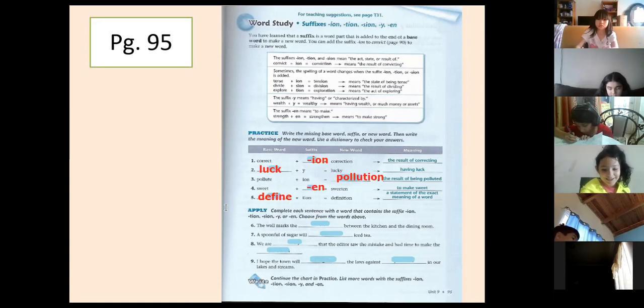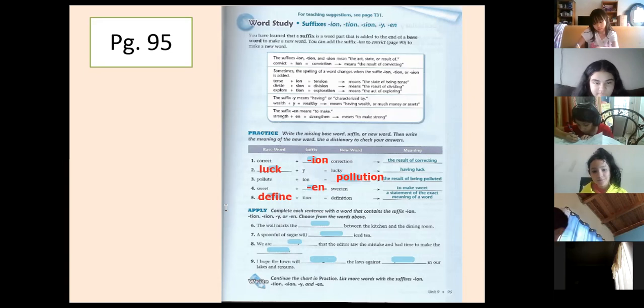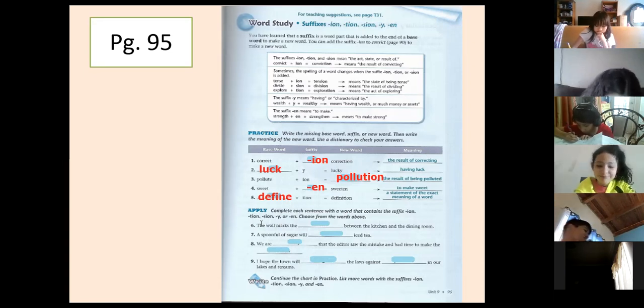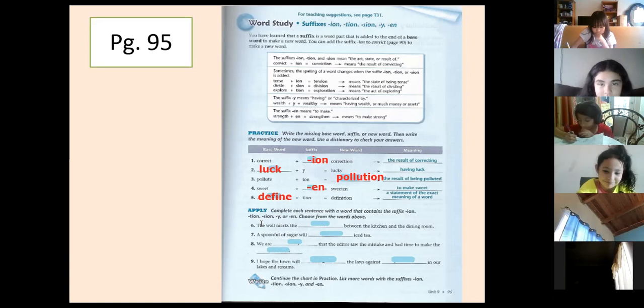Now, in the second part, we need to complete each sentence with a word that contains a suffix, and choose from the words above. So let's work on number 6 together. The wall marks the blank between the kitchen and the dining room.